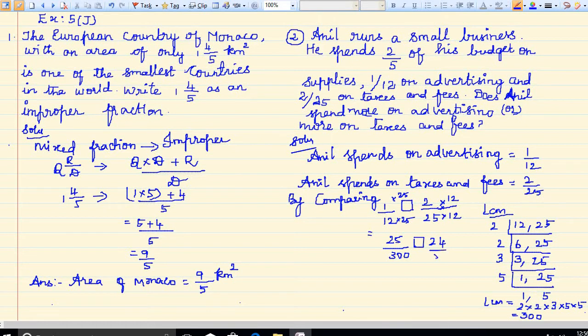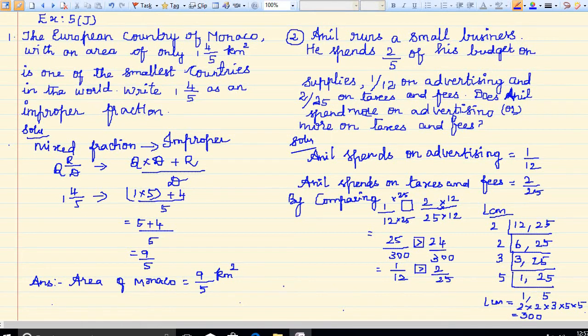24 by 300. Which one is greater here? 25 by 300 is greater. So put the greater than symbol. So 1 by 12 greater than 2 by 25.